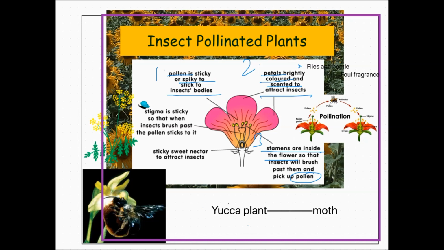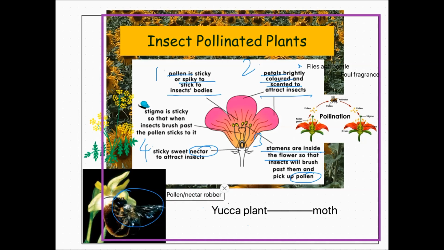Some of the insects consume pollens and some of the insects consume nectar, sucks nectar. So there will be presence of nectars, also sweet nectars. So such insects which consume pollens or nectars are known as pollen or nectar robbers.